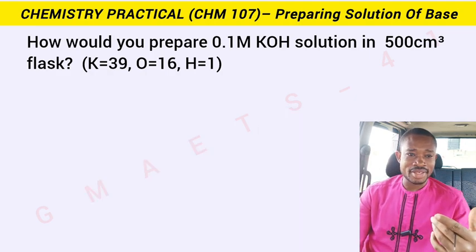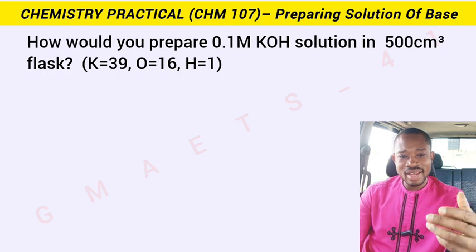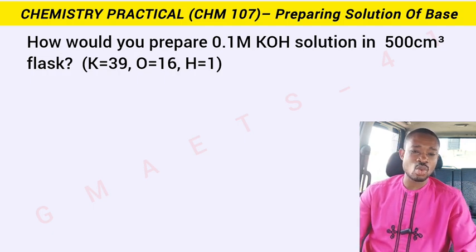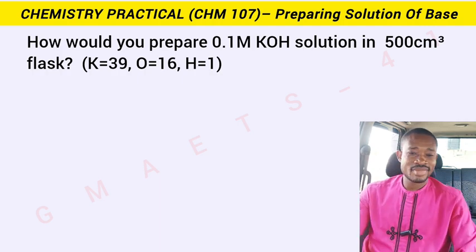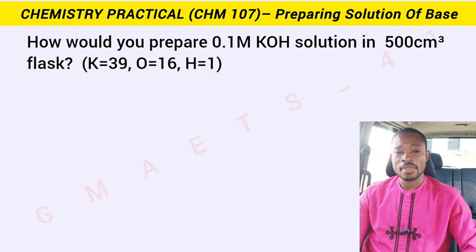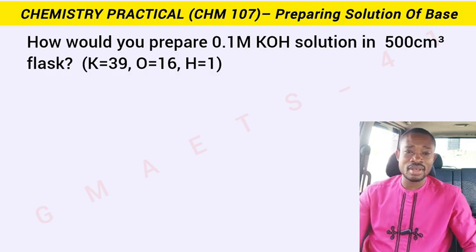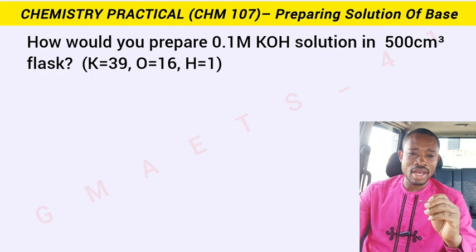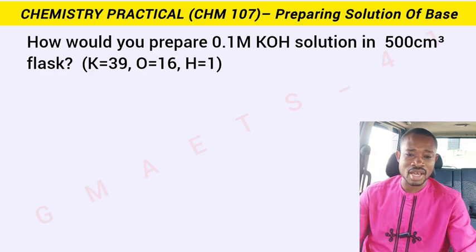So you are required to get the base and dissolve it in a given volume of distilled water, and of course get whatever concentration of the base that you are required to prepare. So like I said, we shall be describing how to prepare a 0.1 molar solution of potassium hydroxide in 500 cubic centimeter of a volumetric flask.